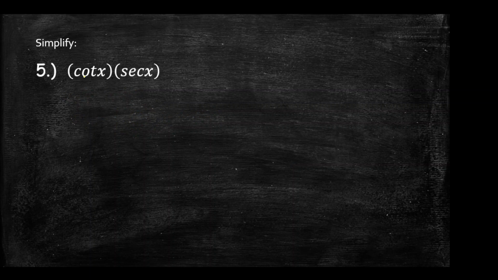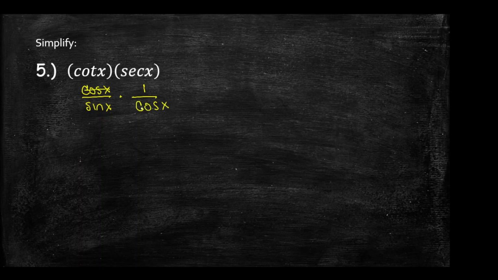All right, so here, again, I'm not using an identity, at least not a Pythagorean identity. But the cotangent is defined as cosine over sine, and secant, of course, is 1 over cosine.